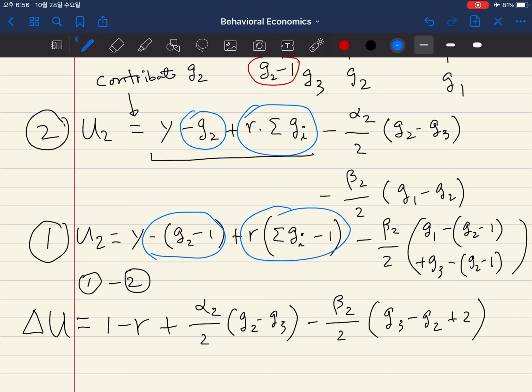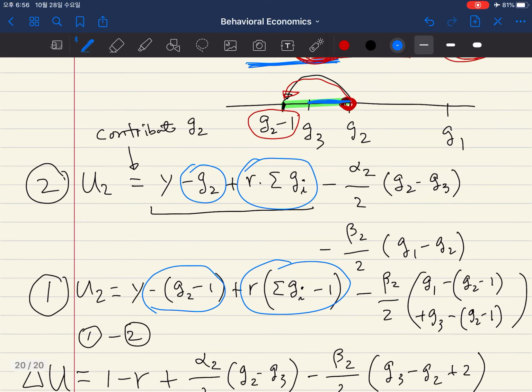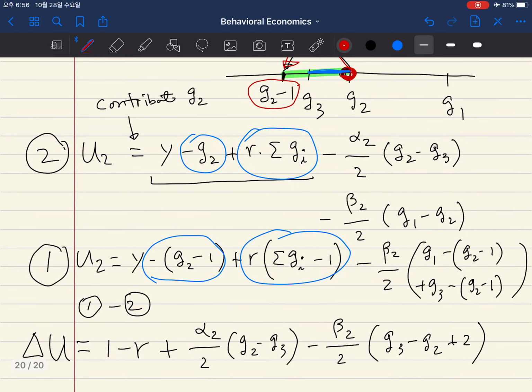Therefore, this is a negative number, but the magnitude is less than 1. For example, this is something like minus 0.5. So G3 minus G2 is a negative number, but the absolute magnitude is less than 1. It's something like minus half.